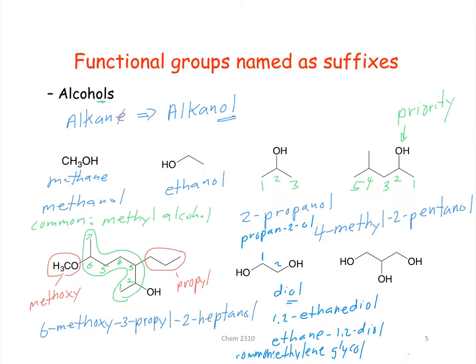Alright, so our last one, 1, 2, 3, has 3 alcohols. So this is actually a triol. So we could call this propane 1, 2, 3 triol. Okay, this has another common name.